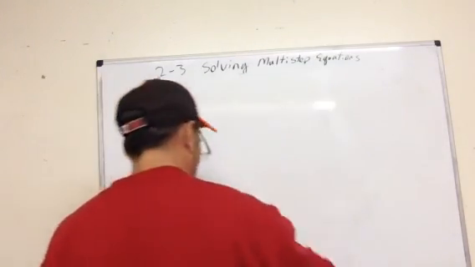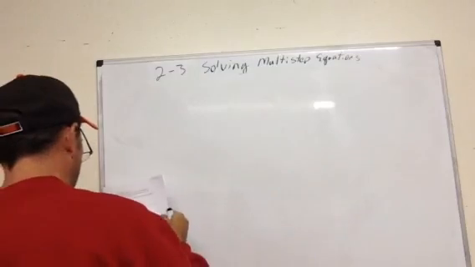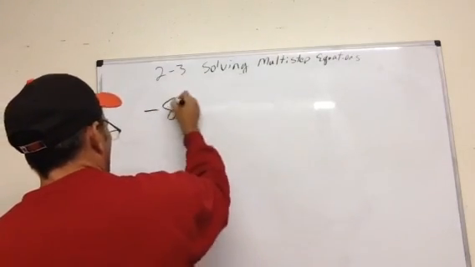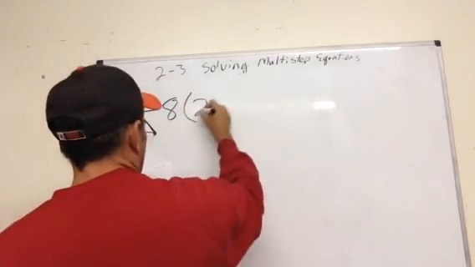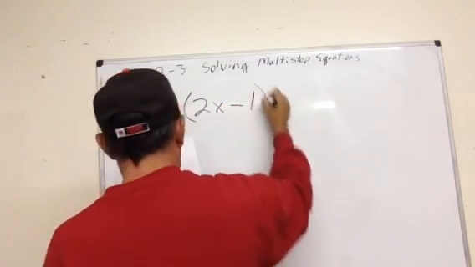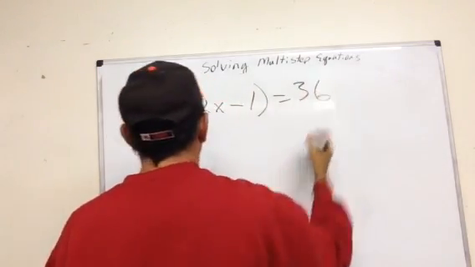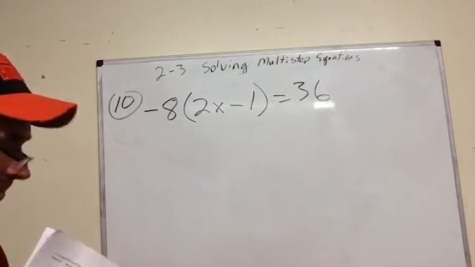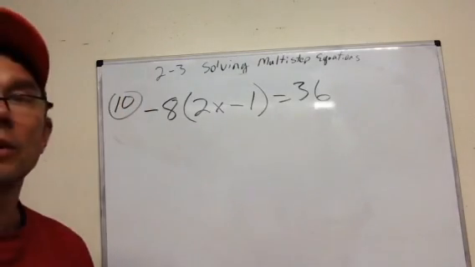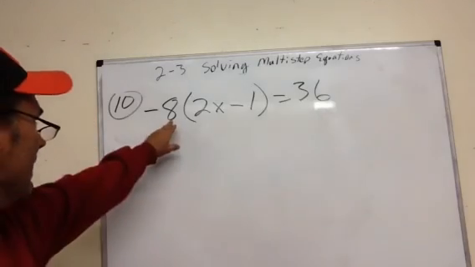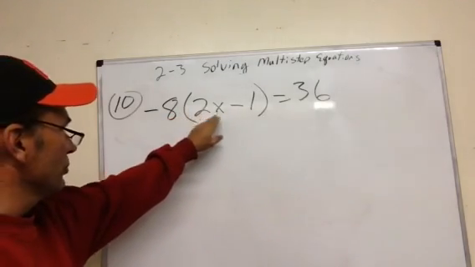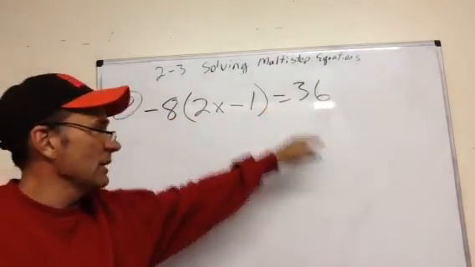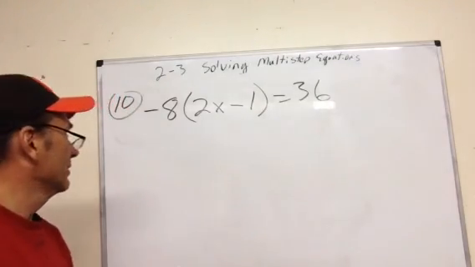Whenever we see this distribution, or these parentheses, we want to get rid of the parentheses to simplify our problem. So this was number 10 from our notes. Negative 8, parentheses, 2x minus 1 equals 36.